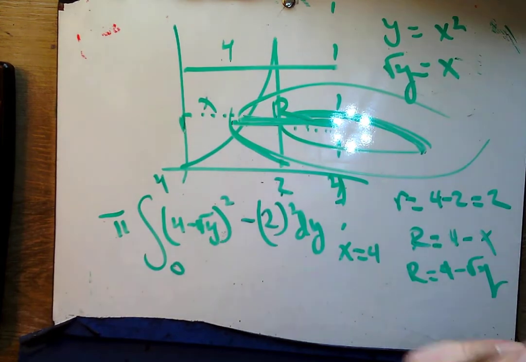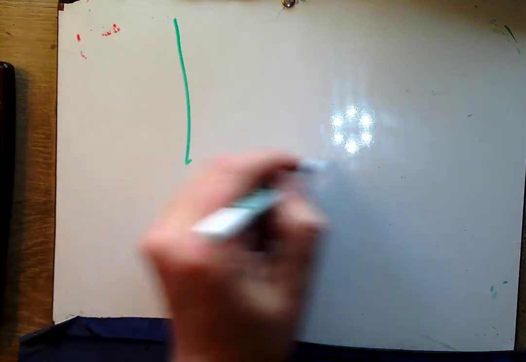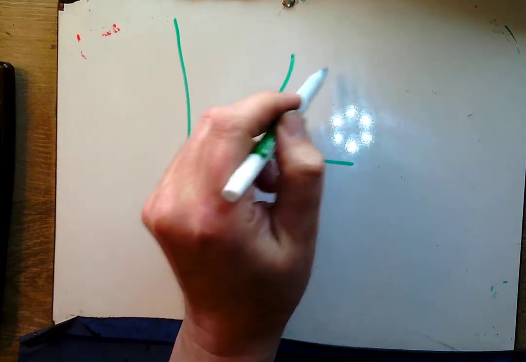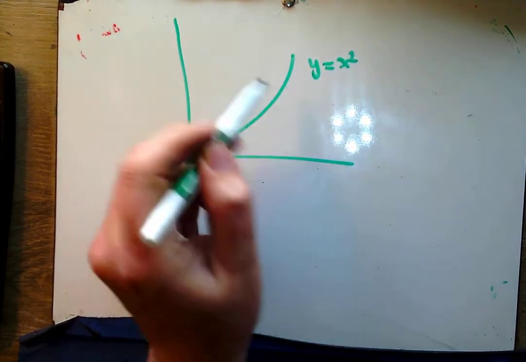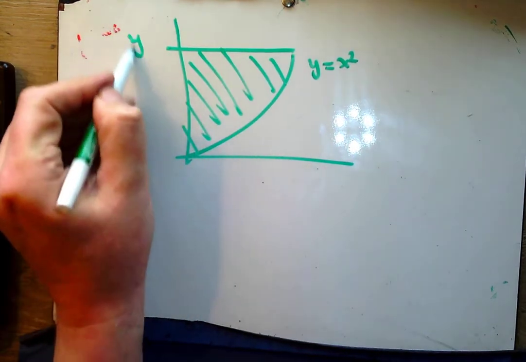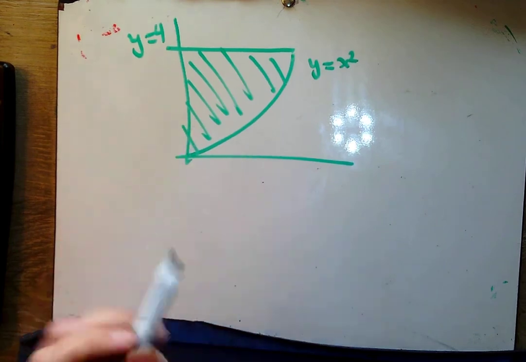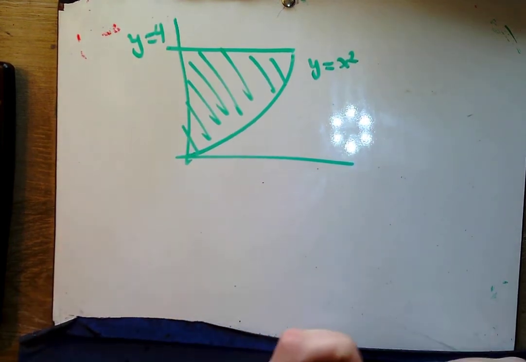I'll say, in addition to being able to do these disk or washer problems, we should also be prepared for something like this. So here's y equals x squared. But now this is my region. This is y equals 4. Let's just do a couple of quick setups here.